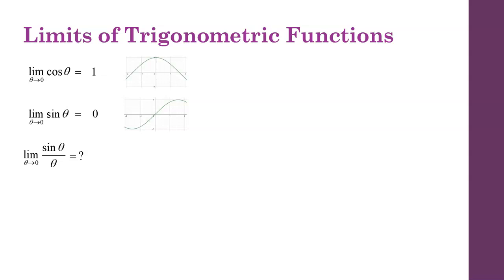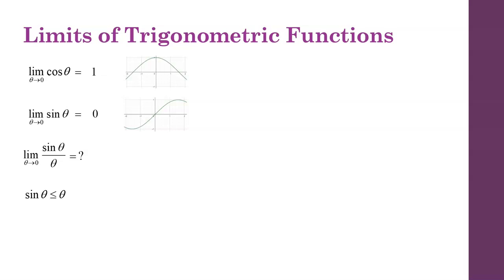Just to keep this video short, I'm not going to go through the geometrical reasoning for the inequalities I'm going to establish. They are in your textbook. You can go ahead and review it there. But here are the inequalities. The first one says that sine of theta is always less than or equal to theta, especially when theta is near 0.